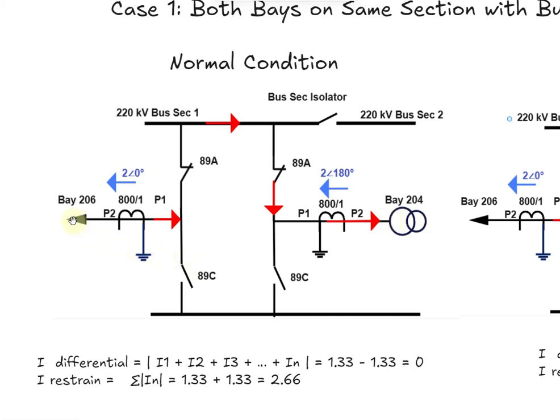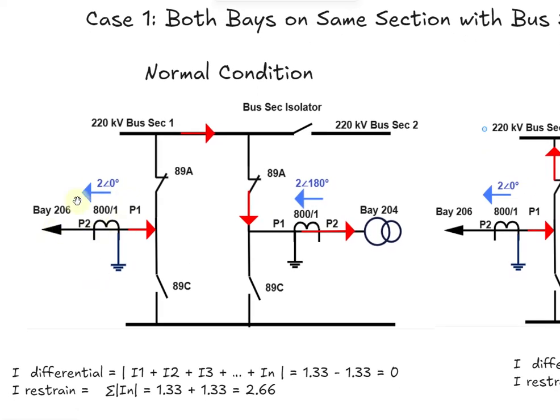If you want to simulate the current going into the bus, in the CT secondary we have to inject a current at an angle 0. If in the primary the current is from P2 to P1, the current in the CT secondary goes from S1 to S2. So remember, when the current is going into the main bus, for simulating the CT secondary current we have to give the current at an angle 0.